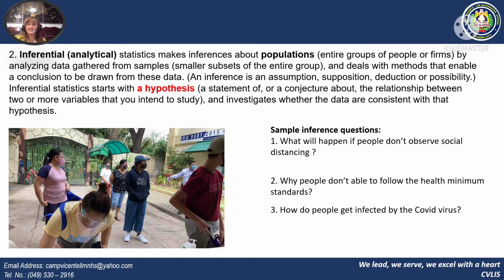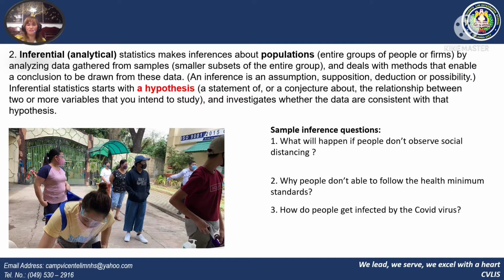An inference is an assumption, supposition, deduction, or possibility. Inferential statistics starts with a hypothesis, a statement or conjecture about the relationship between two or more variables that you intend to study, and investigates whether the data are consistent with that hypothesis.